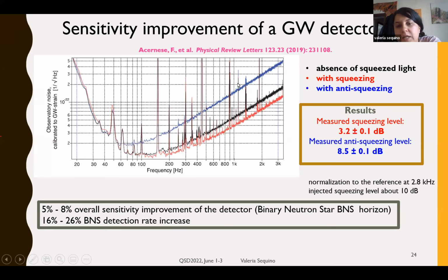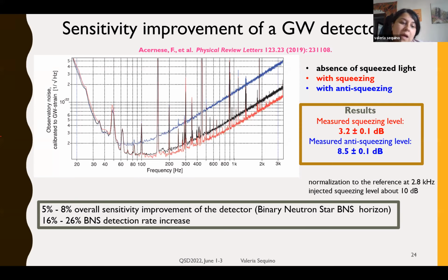This means that we change the squeezing angle to have anti-squeezing instead of squeezing in amplitude. This measurement is not what we need, but it is used to measure the losses, because it is related to the losses in the interferometer.